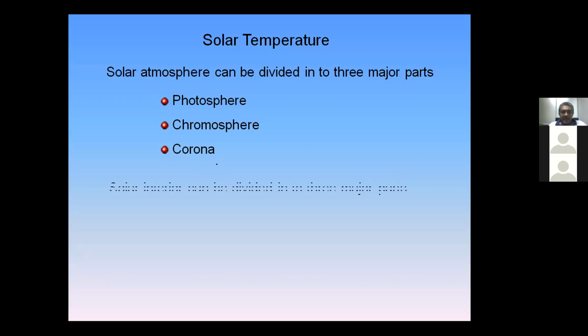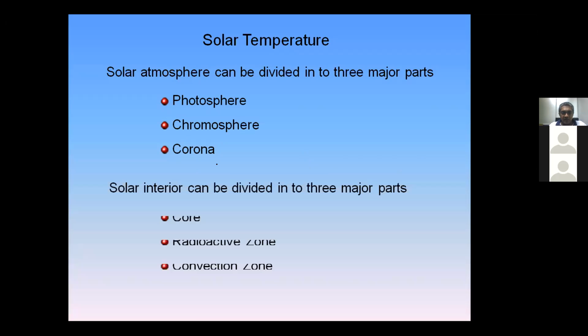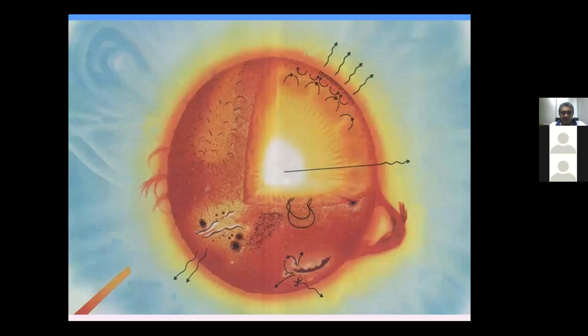And again, the interior also we can divide into three major parts according to the temperature: core, radiative zone, then convection zone. Outside also three, atmosphere; inside also three parts. So let's see what these parts are.